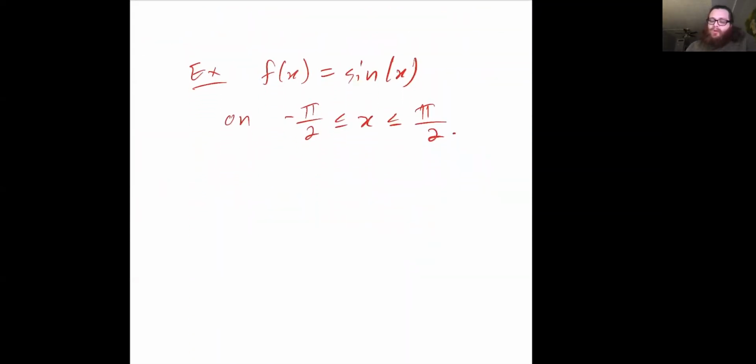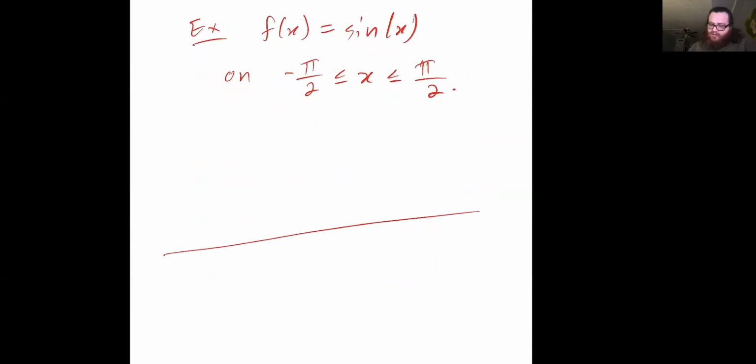Okay. The last one, which is slightly more interesting, is the same function, just now we're working on a different interval. So now I'm saying define sine on the interval negative pi over 2 to pi over 2, take its periodic extension, and then sketch its Fourier series.